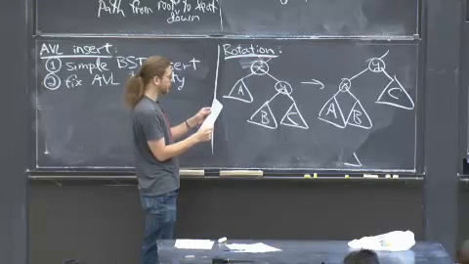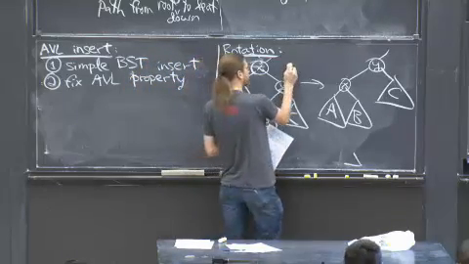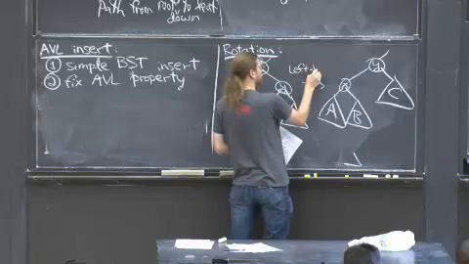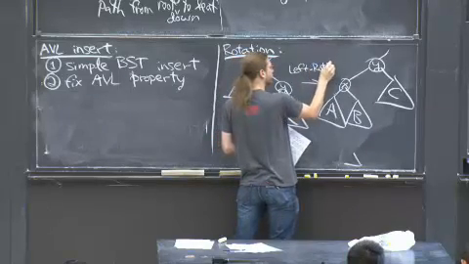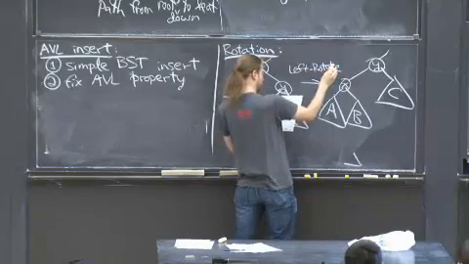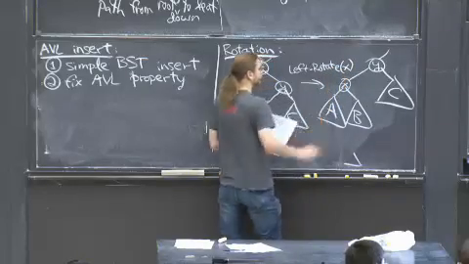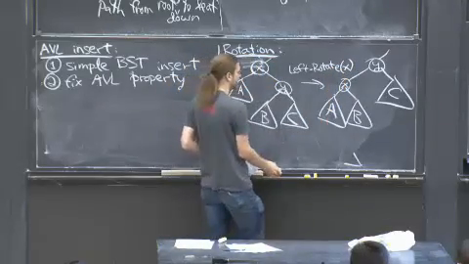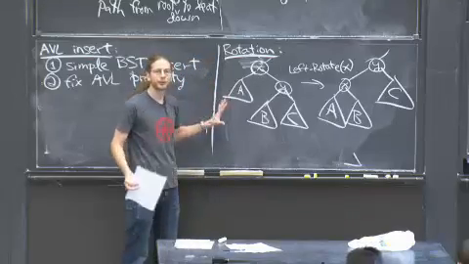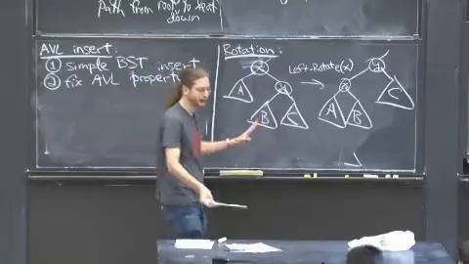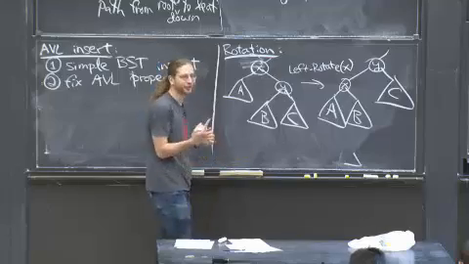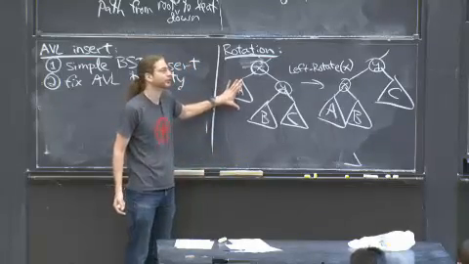So this is called left rotate of X. OK, so here's a thing we can do with binary search trees. It's like the only thing you need to know. You've got search in binary search trees, and you've got rotations.